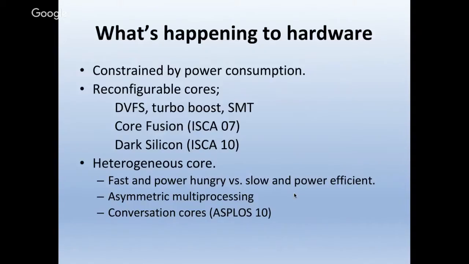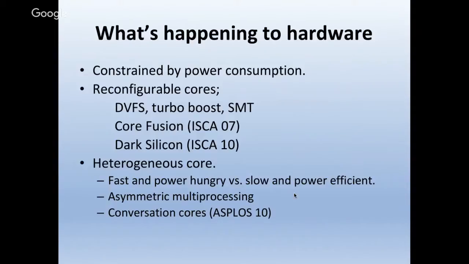On the other hand, you may take cores out of service because we will not power them all at the same time. Also, there are heterogeneous cores in our machine giving us asymmetric performance. One logical conclusion of this would be conservation cores.